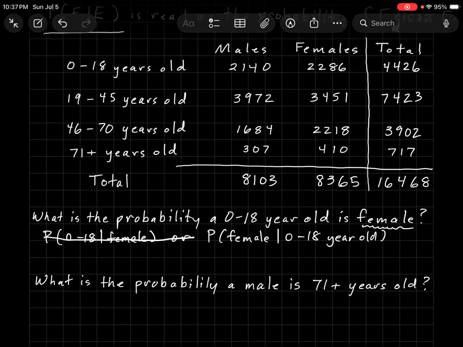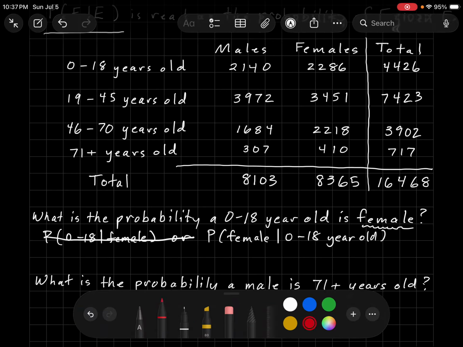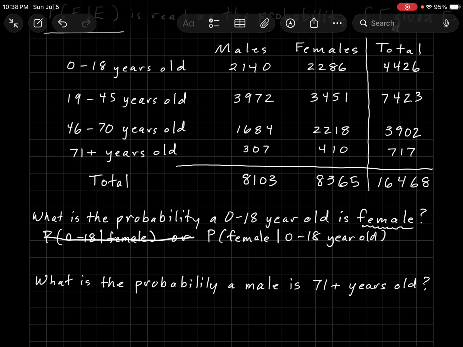So how do I do this? Well, 0 to 18 years old is my new total. I'm given that. This is where I'm going to look, and only in this part here.